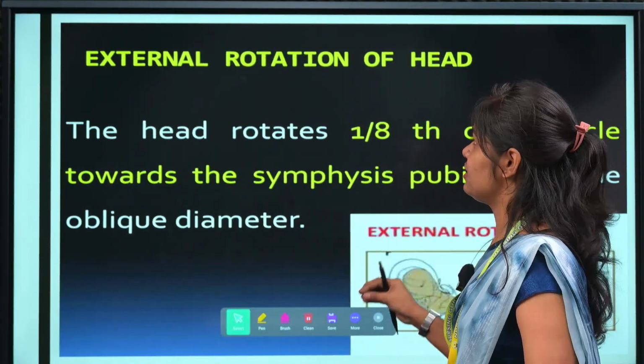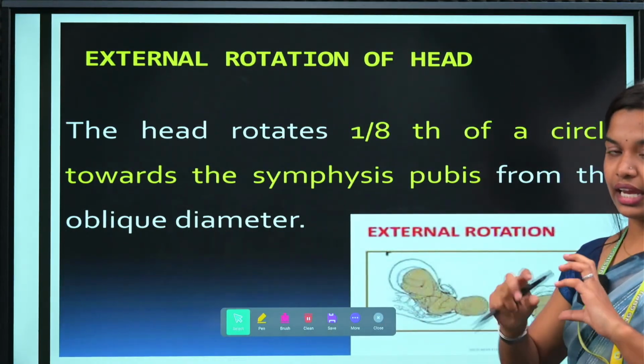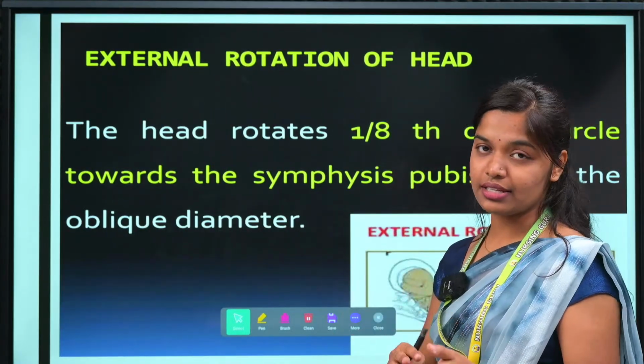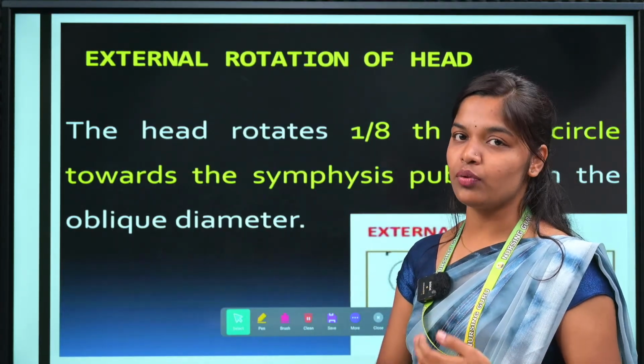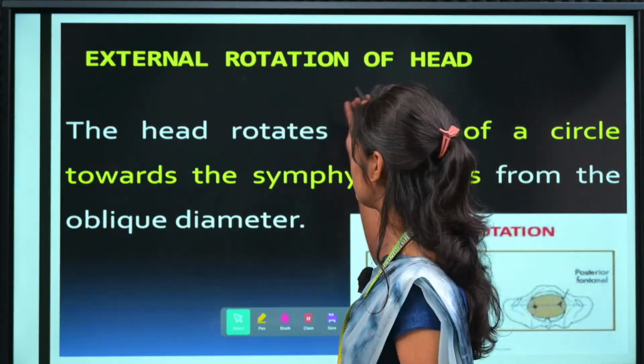Next, external rotation of the head. Once the internal rotation of the shoulder occurs, again there will be a twist between the shoulder and the head. So to correct that, external rotation of the head occurs.